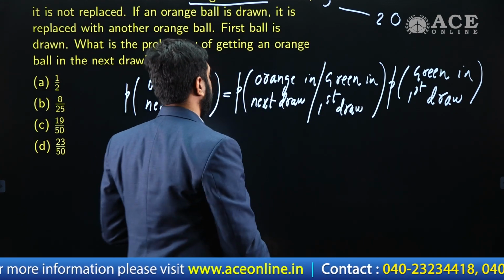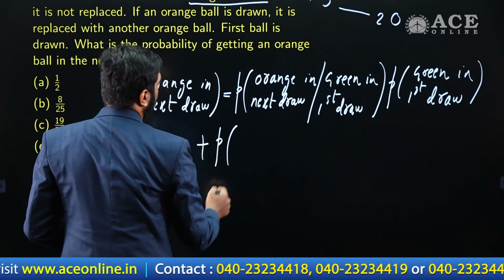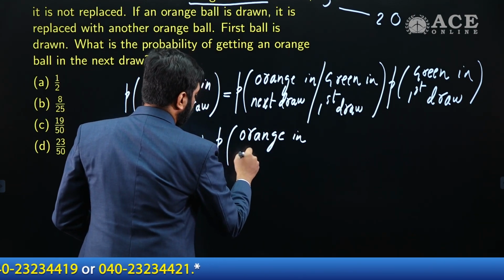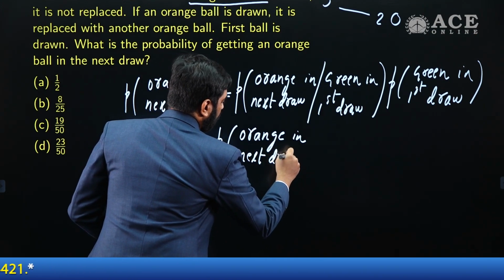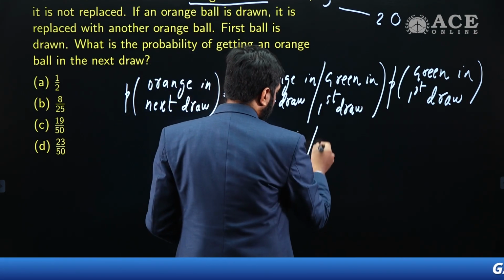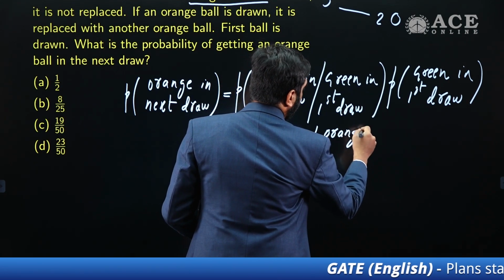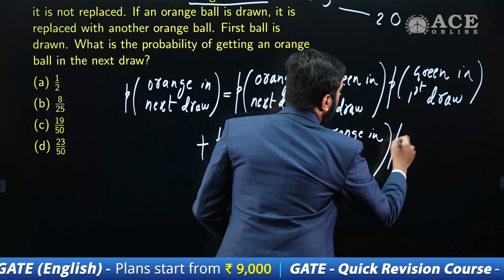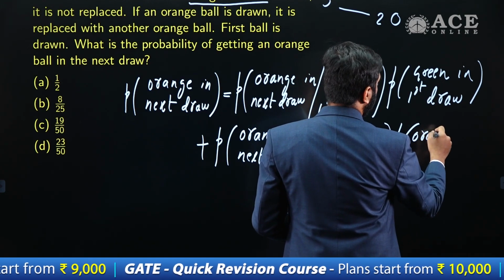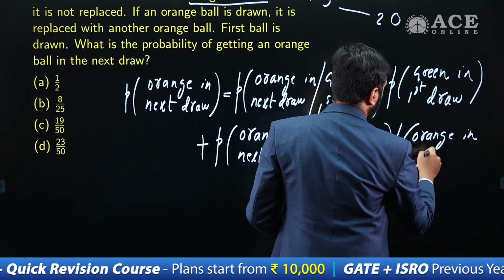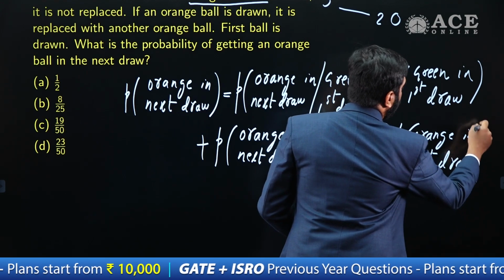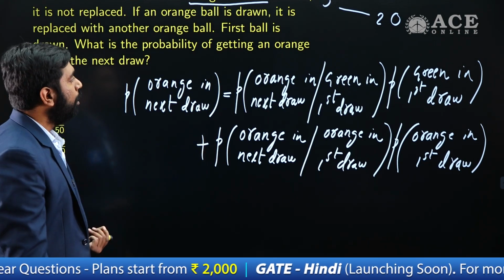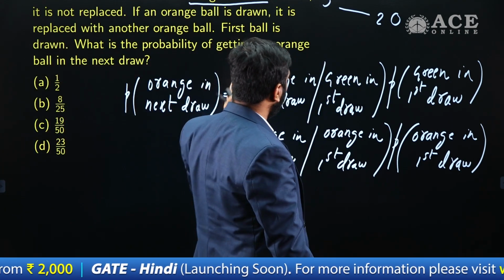Plus, let's write like this: the probability of drawing orange in the next draw, given orange was drawn in the first draw, into the probability of drawing orange in the first draw. So this is called the total probability. So I have written the total probability using the conditioning. So now how do you read this particular probability, right?